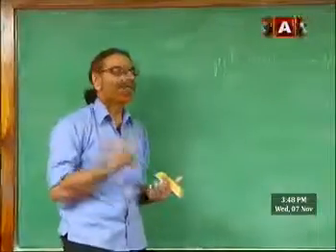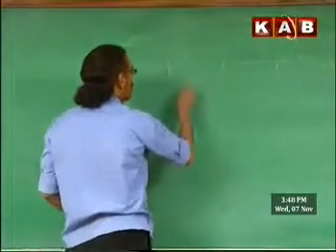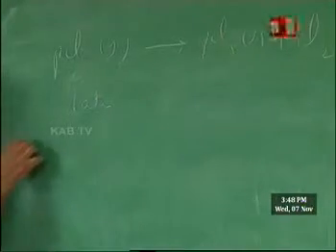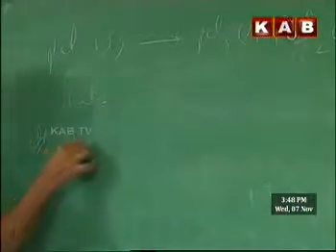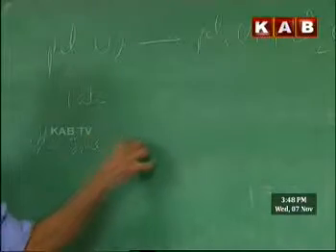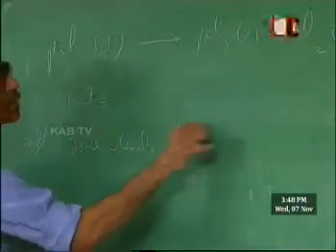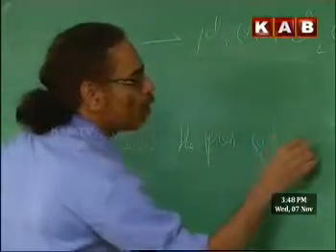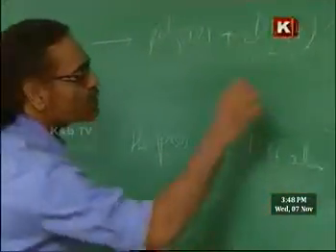Suppose in one experiment, PCl5 is initially taken at 1 atmosphere. After some reaction, the pressure is found to be something like 1.4 atmospheres.